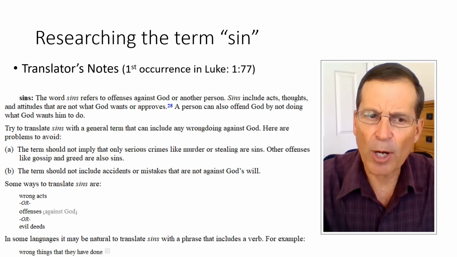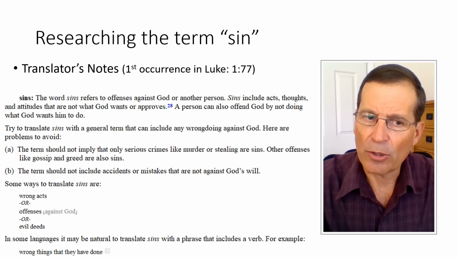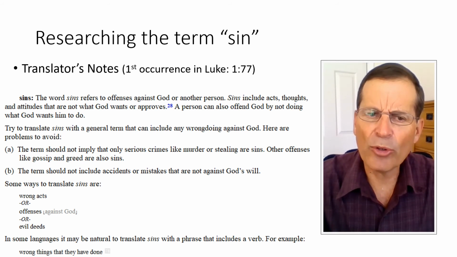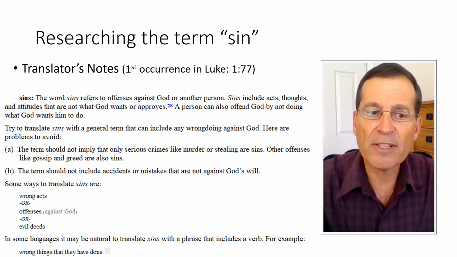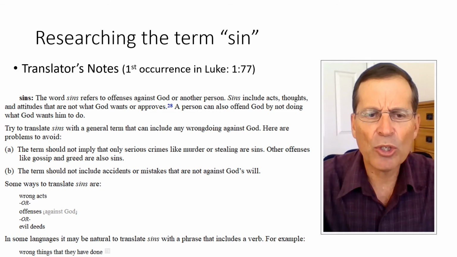Here are some problems to avoid. The term should not imply that only serious crimes like murder or stealing are sins. Other offenses like gossip and greed are also sins. And the term should not include accidents or mistakes that are not against God's will.